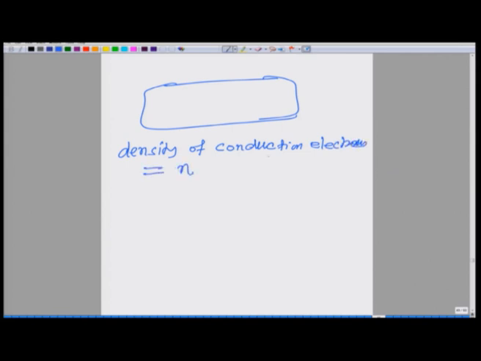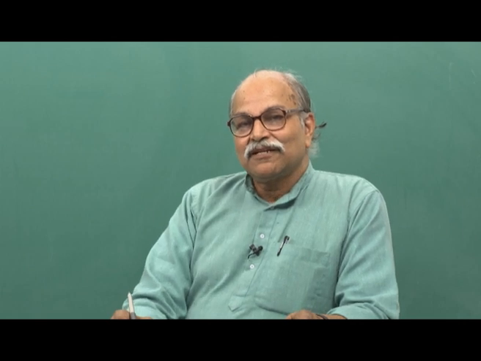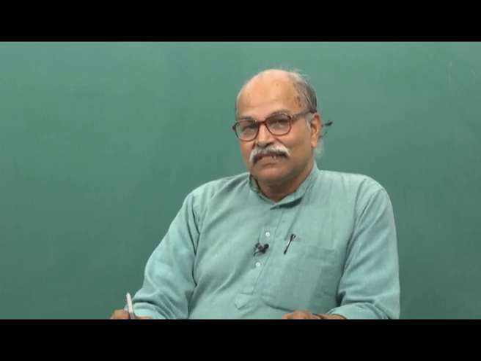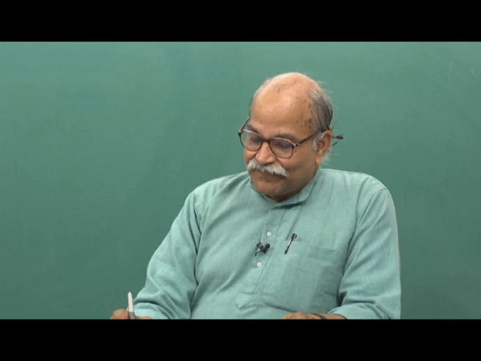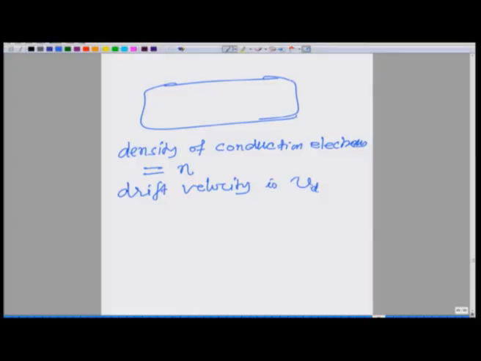I am still talking of a metallic conductor, and then the drift velocity is V d. The drift velocity of electrons will be opposite to the direction of the electric field, because the electrons have negative charges, but the magnitude is V d.